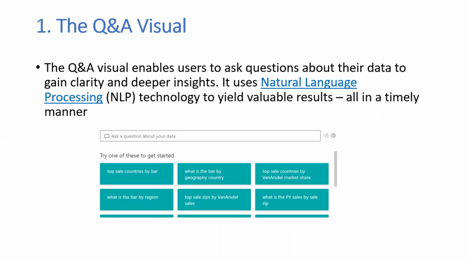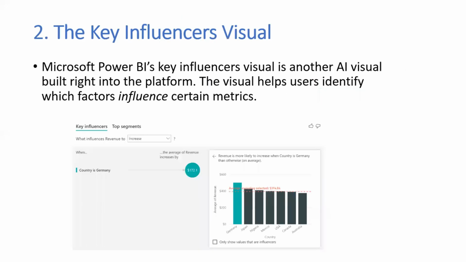Whenever you have questions about the data, even layman's questions, if you type the question here, Power BI will give you the reports and charts very nicely. Within a fraction of a second, it will give you different kinds of reports. If you want a pie chart or a bar chart, it will give you all kinds of charts. This is the question and answer visual.